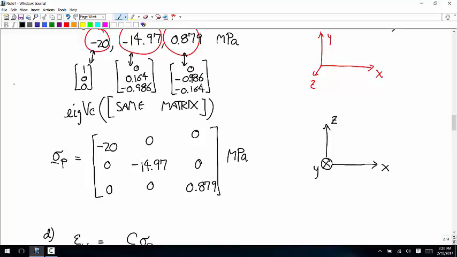Yeah. So if you put the 14.97 here, and the negative 20 here, and this here, that just means that when you think about the coordinate system, now your XX element is negative 14.97. So your new x-axis has to be parallel to this one's corresponding eigenvector. And now your negative 20 is in the y position. So your y-axis has to be parallel to the eigenvector for the negative 20. Okay. All right. Great.